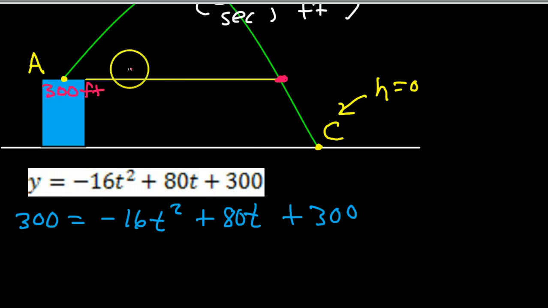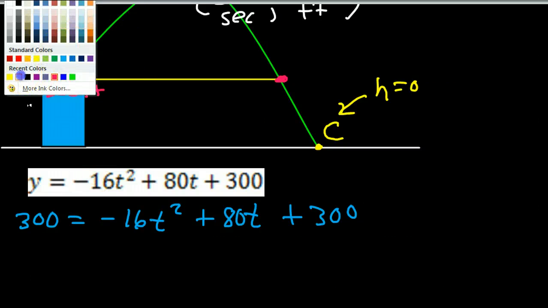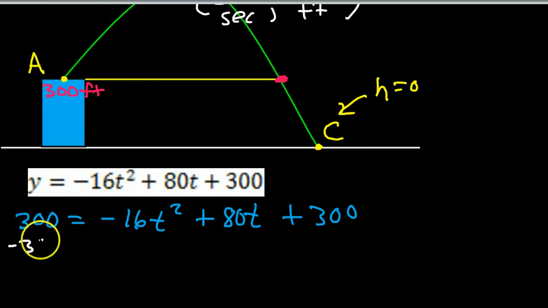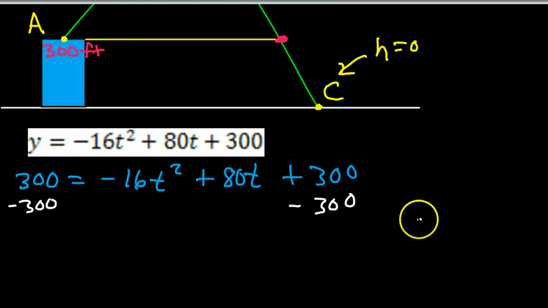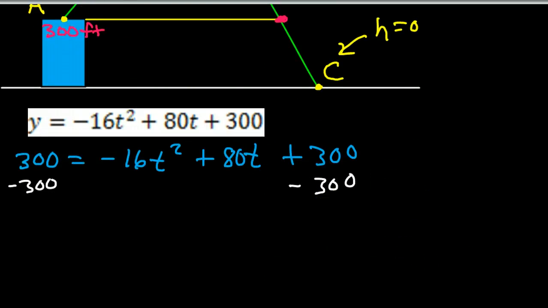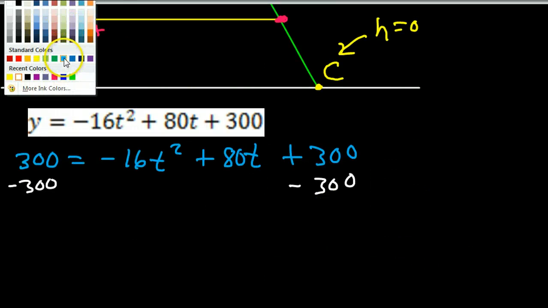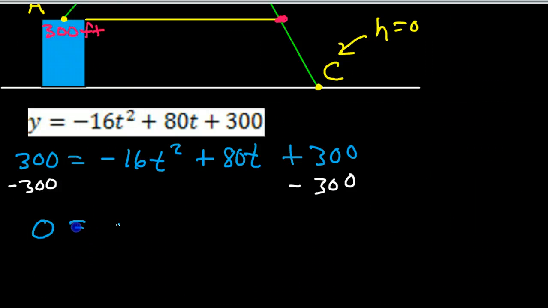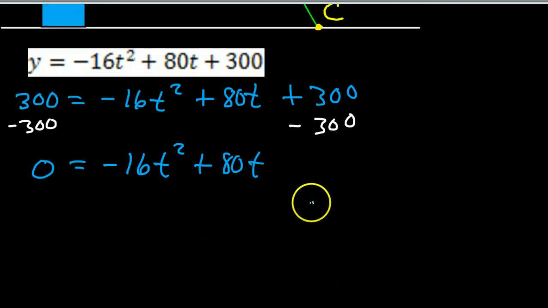So we will do this by subtracting 300 from both sides, because we need 0 to do the quadratic formula. So if I do that, then I'm going to get 0 equals negative 16t squared plus 80t. Okay?